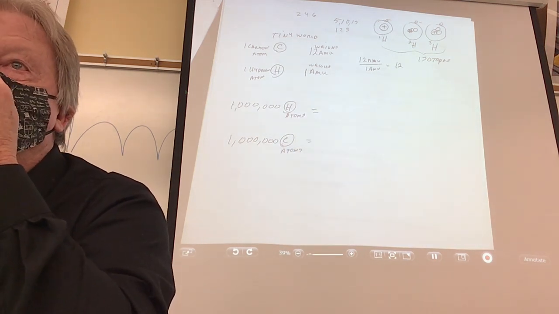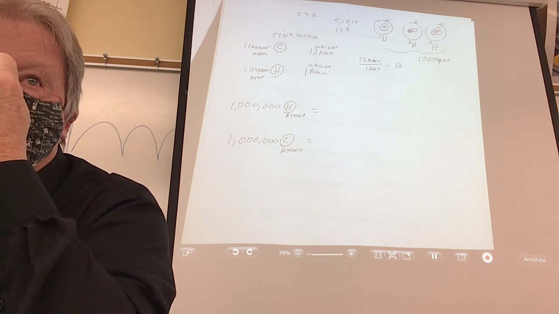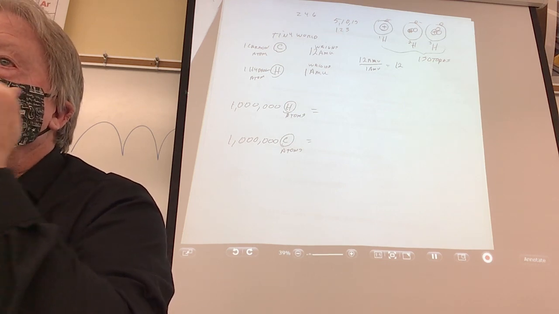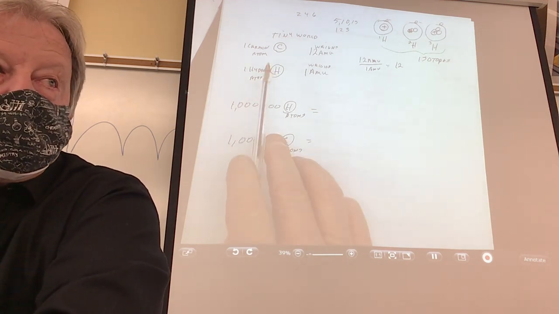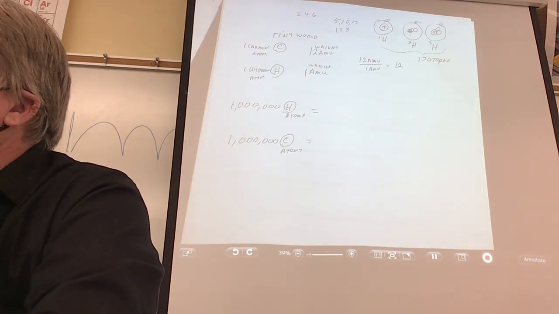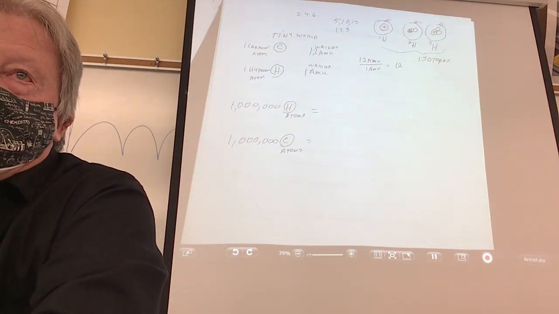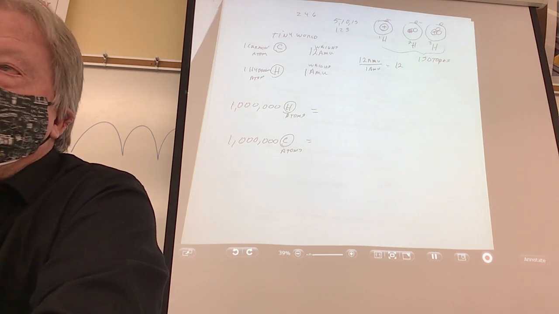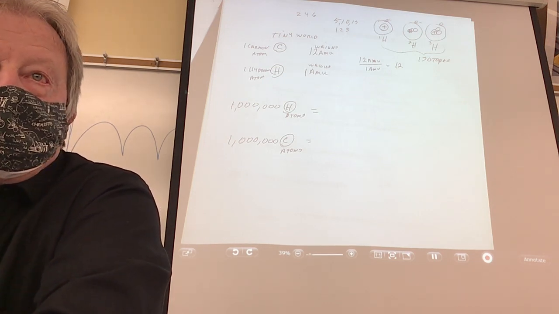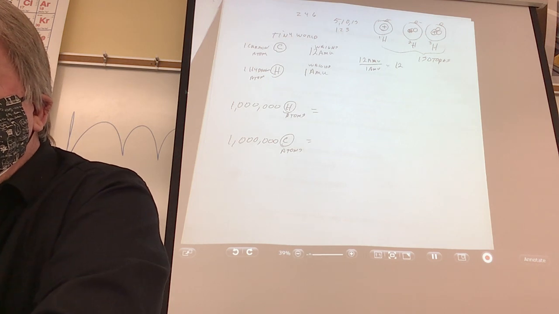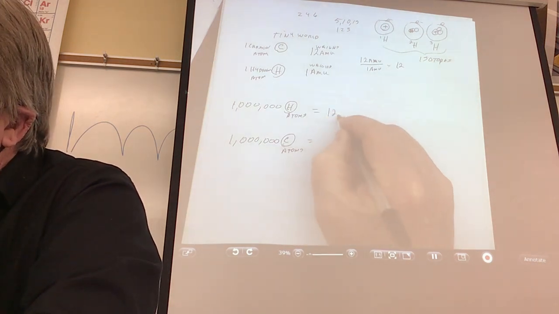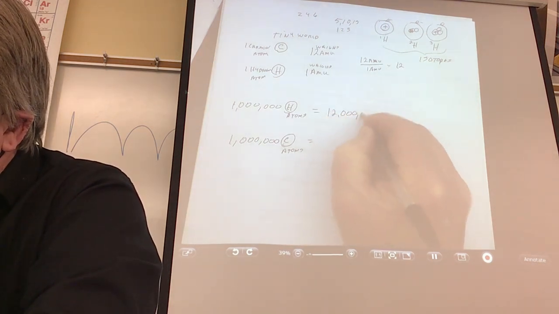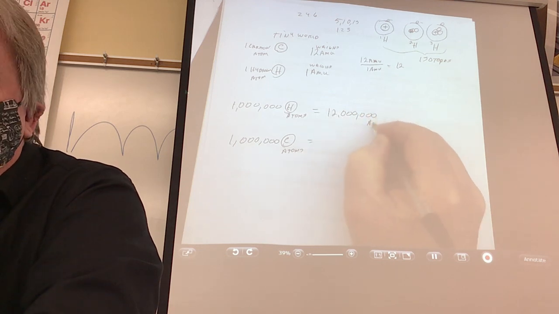Get involved, get engaged. 1 carbon atom weighs 12 AMUs. How much would 1 million carbon atoms weigh? Julie, you know. It's 12 million AMUs. Is that right?